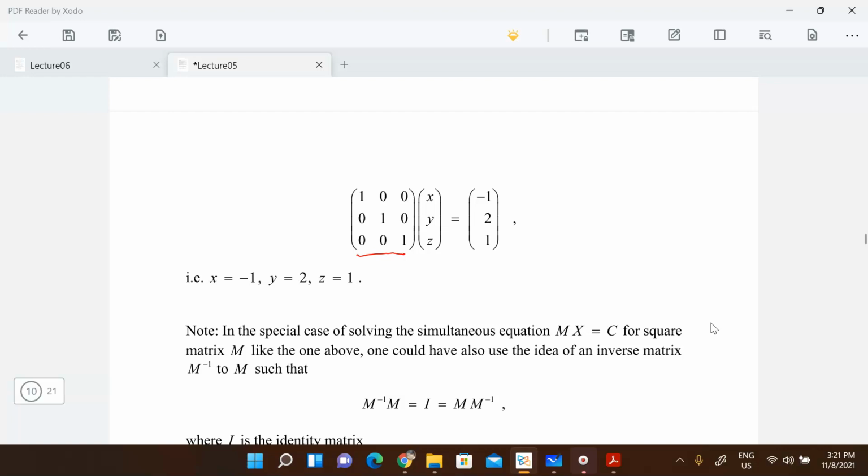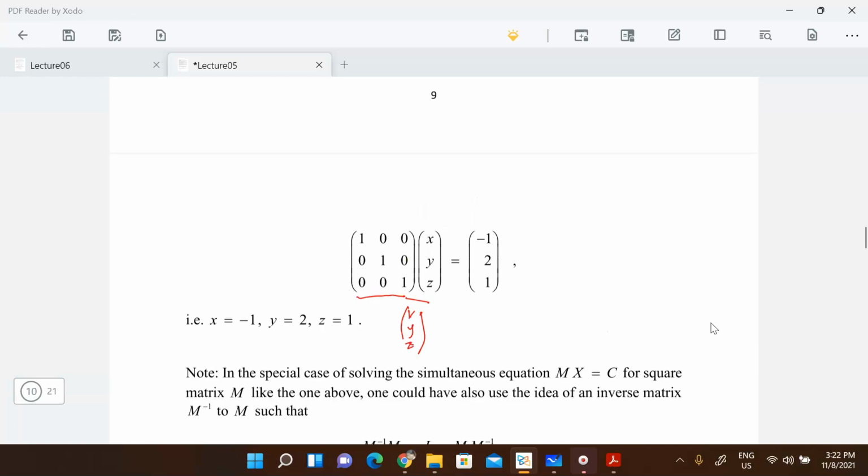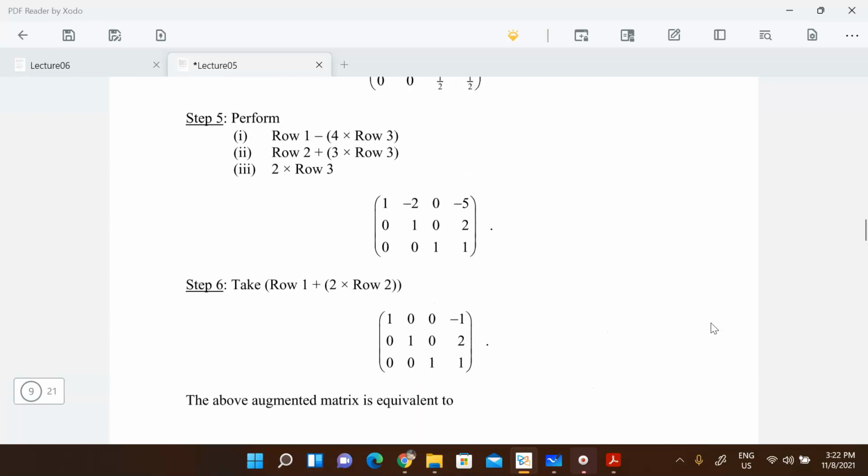You do all the row reduction techniques to the matrix that you see, reduce it to the identity matrix, and then the identity matrix multiplied with x, y, z will be just x, y, z. So these two will just give you x, y, z, and this will give you the answer, the solutions. Okay, so let's go step by step.